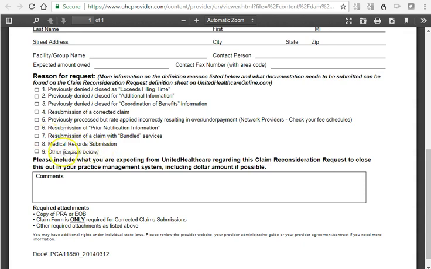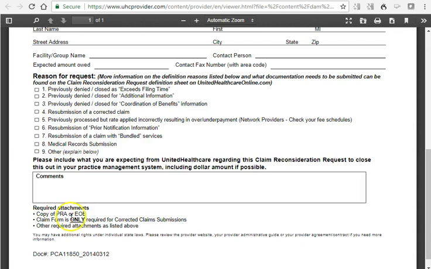And then if you have other reasons, you would explain them here. Interestingly, United is asking you what you're expecting from United regarding this reconsideration, including the dollar amount. What do you want from them as an end result?